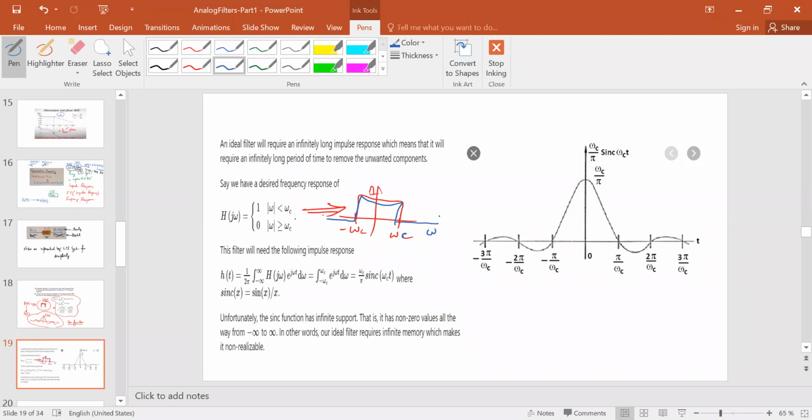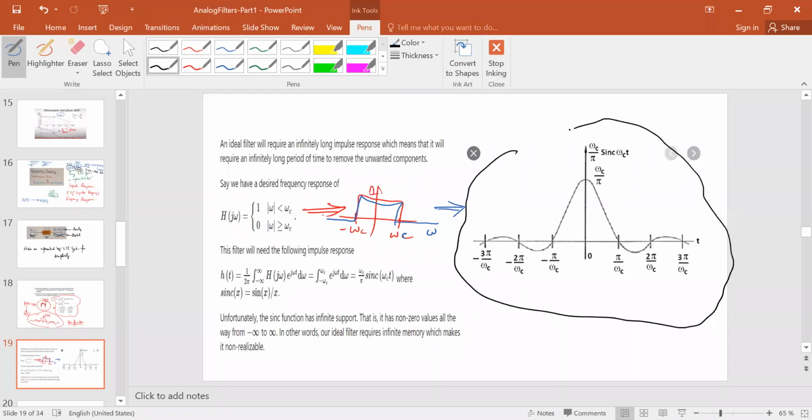Now when this is transformed to the time domain, you see this is the time domain picture. There is no omega here. Omega c is not omega, it is a constant. Here is time. If I convert it to the time axis, we see that it is a sinc function. It goes to the peak and then comes down and ripples through, and every time its magnitude is decreasing. Similarly on the left hand side.